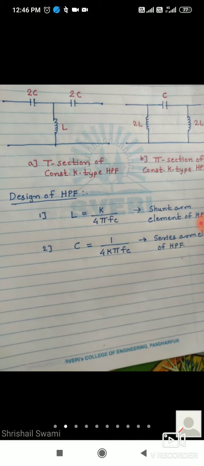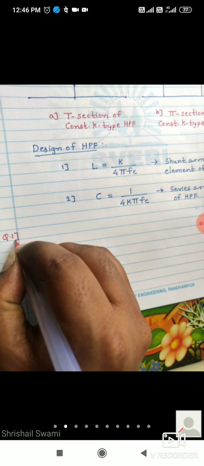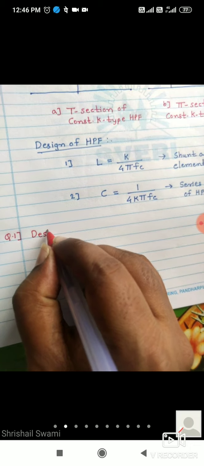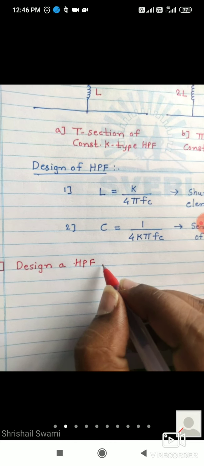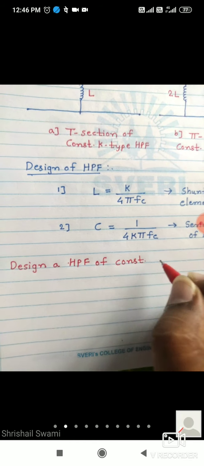These two are the formulas we require. So we will start directly with the problems. Question number 1, we are going to solve two problems. Design a high pass filter of constant K type.